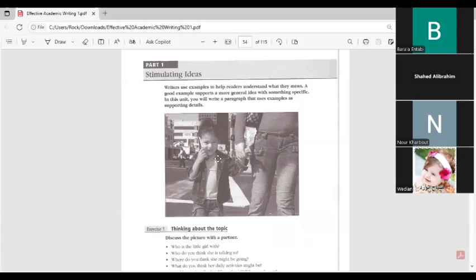Now, before going into this unit, we will try to describe this picture. We can see a little girl in this picture. Who can give it a try to describe this picture?